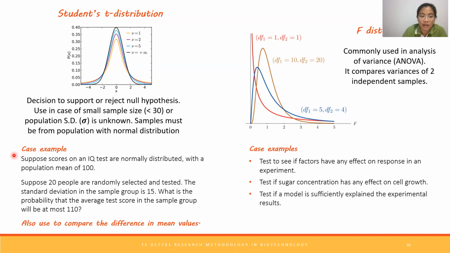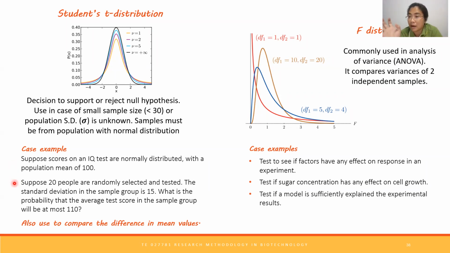The case example is this one. If we make an IQ test and the scores of the IQ test are normally distributed with a population mean of 100, that means that the average person gets an IQ of 100 points.